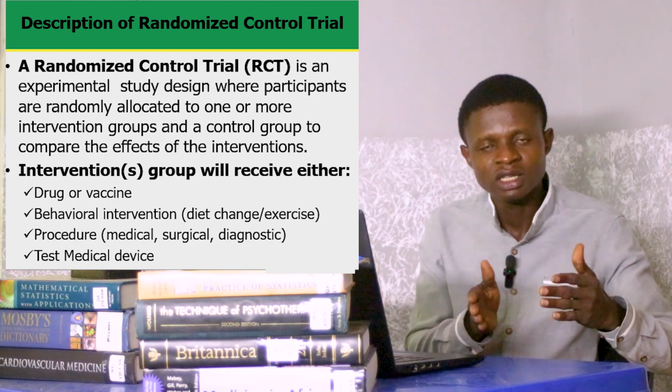Then at the end of the study, you will be able to check that, okay, those who were given the intervention, that is the BP monitor, were able to manage their BP level, and those who were not given the BP monitor, their BP level is still high. This will be from the results that you get. So these are some of the things that go into a randomized control trial. You give some people intervention, others you don't give them intervention.